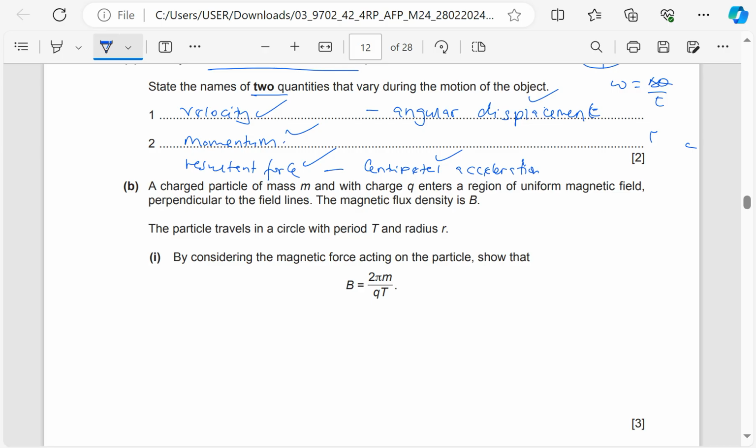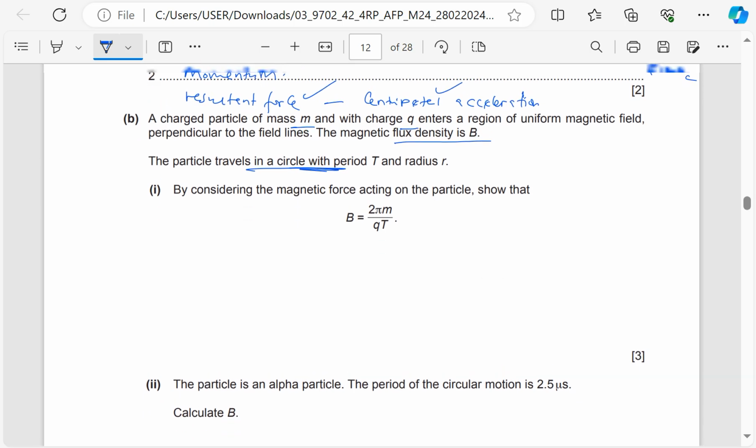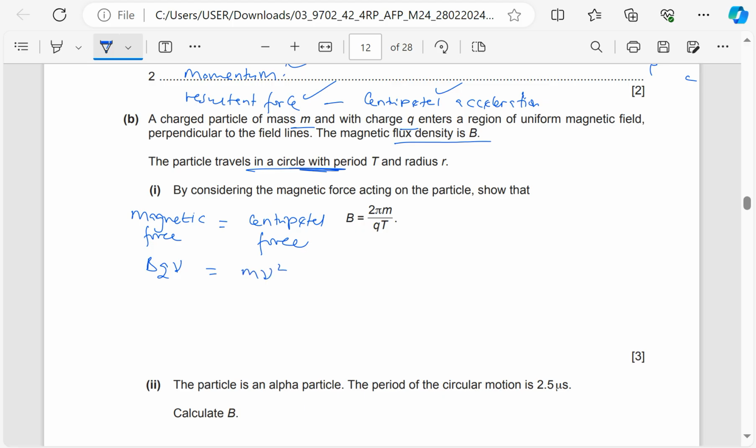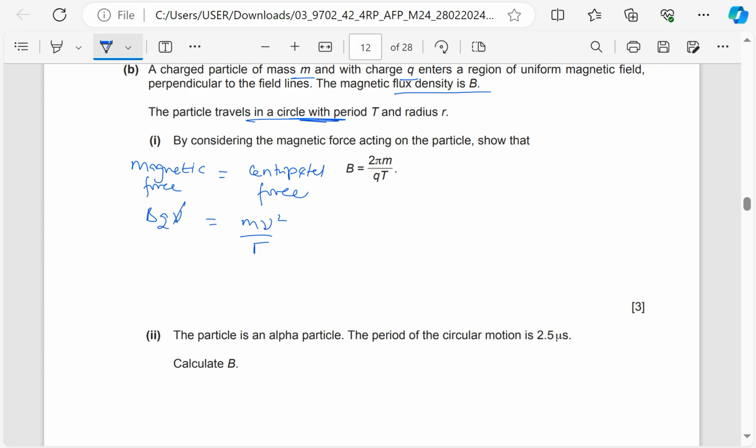A charged particle of mass m with a charge q enters a region of uniform magnetic flux field perpendicular to the field lines. The magnetic flux density is B. The particle travels in a circle. So we can say the magnetic force provides centripetal force. Magnetic force equals the centripetal force. So I will just simply say BQv equals mv squared over r. And of course, one v cancels.